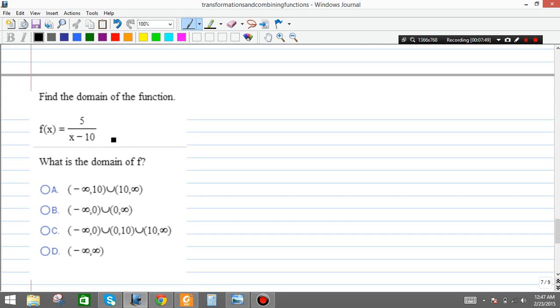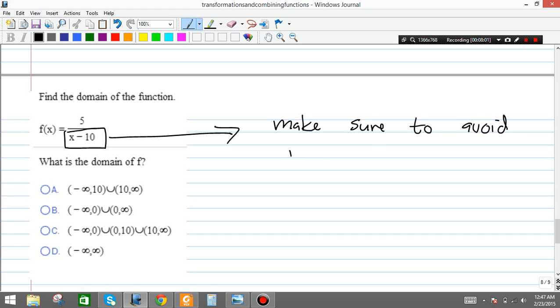Here I'm dividing, and so when you're dividing, you have to make sure to avoid where the denominator is equal to 0.